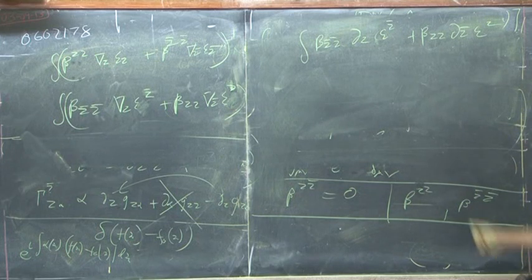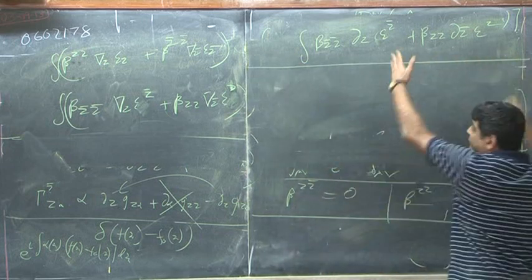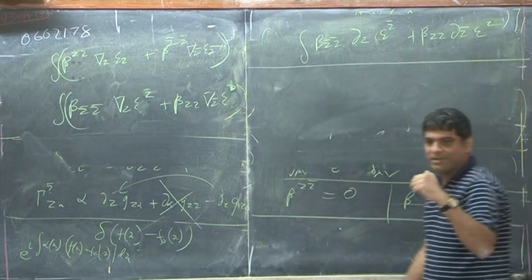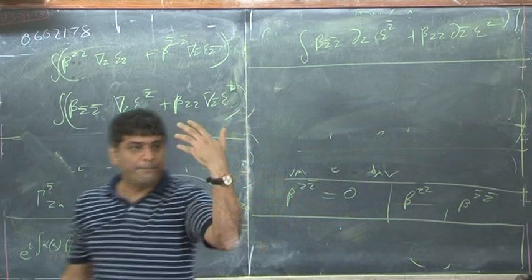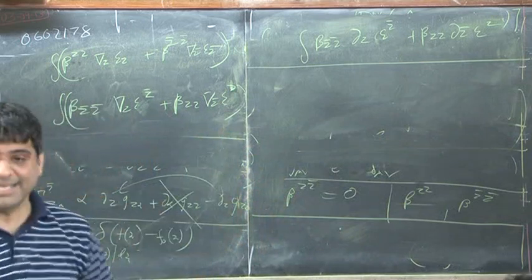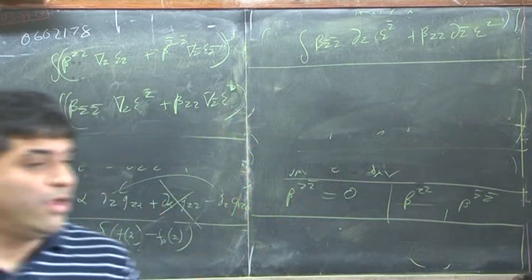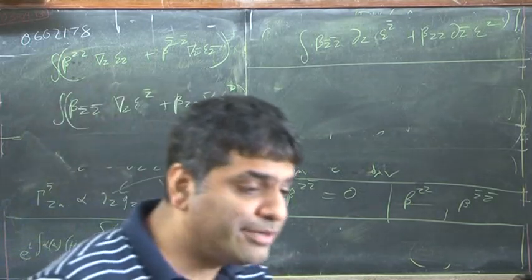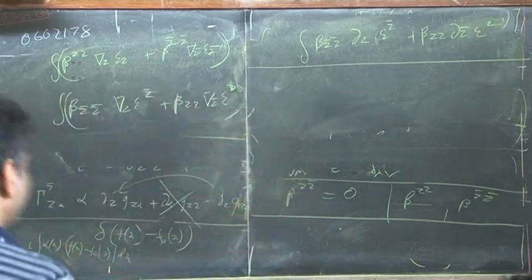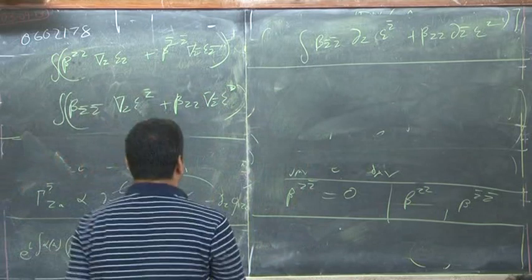So this is manifestly a Weyl invariant path integral, provided beta and zeta are Weyl invariant objects. What does that mean about how they transform under conformal transformations? They transform just like tensors.